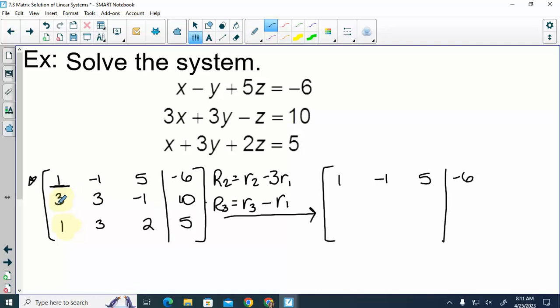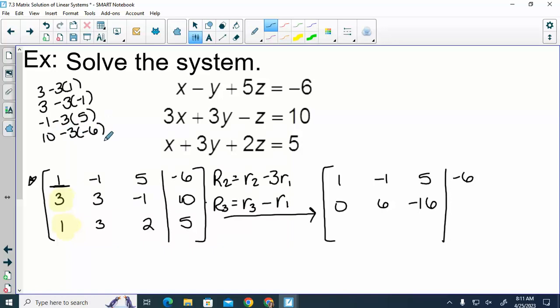All right, so as we go through, we have 3 minus 3 times 1, so that's 0. 3 minus 3 times -1 is 6. -1 minus 3 times 5, -16. And 10 minus 3 times -6.